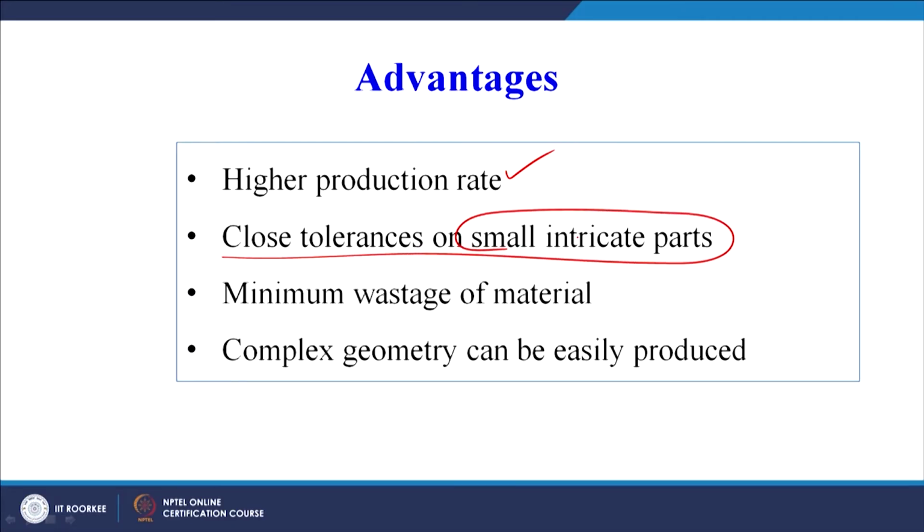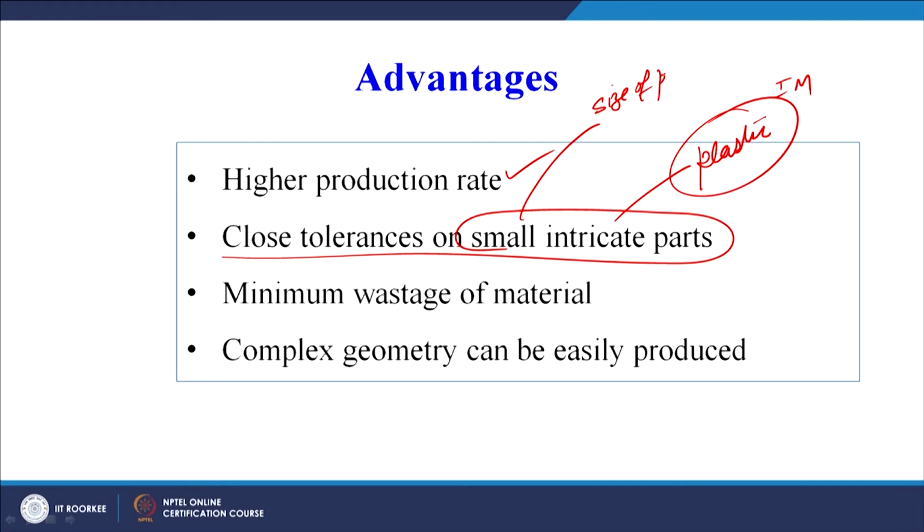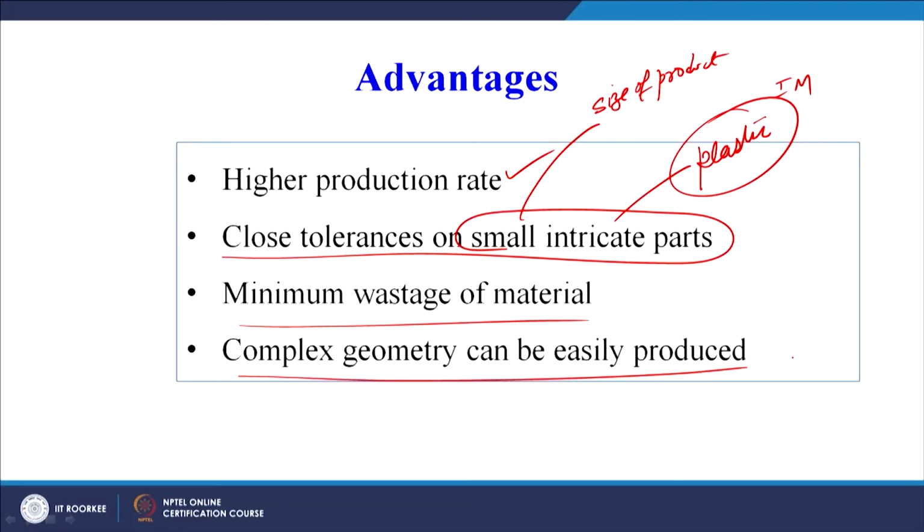Another good guideline: if you have to make intricate parts from plastic material, injection molding is the process. Another guideline, the size of the product will not be too large in injection molding, whereas in compression molding we have seen large bulky parts can be made. So, the size of the product has to be small, it can be slightly complicated, wastage is minimum here also, and complex geometry can easily be produced.